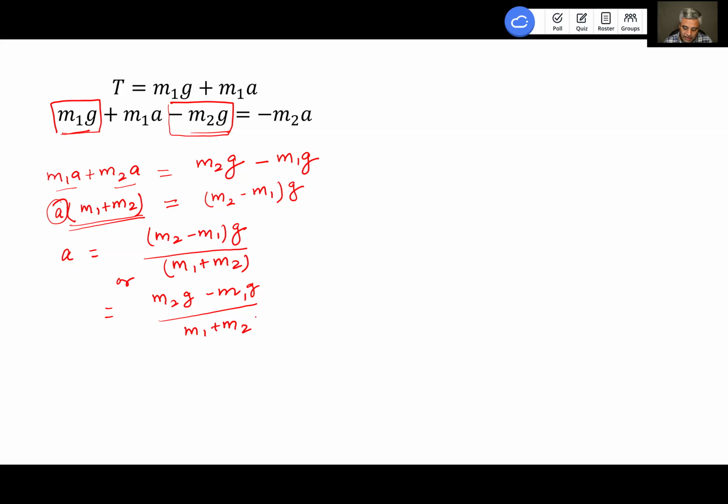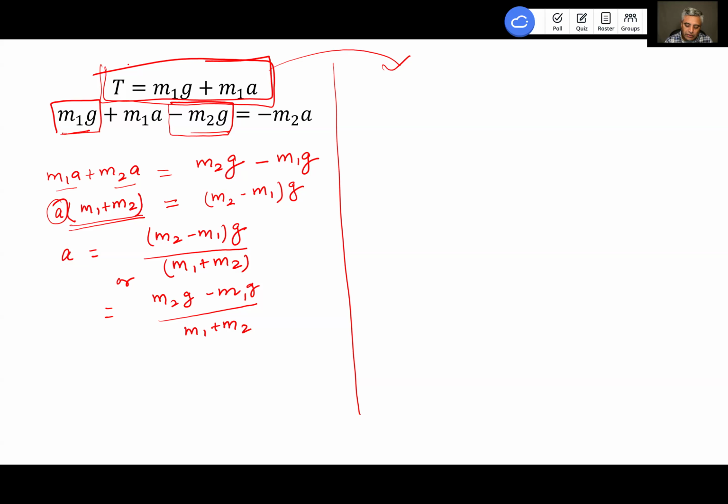Okay, so that's acceleration. So now let's say I also want to find tension. For that, I can use one of these two equations that has T in it. So I copied the equation that came from mass 1. I'm using this, but you can use the equation that came from the second mass if you like.